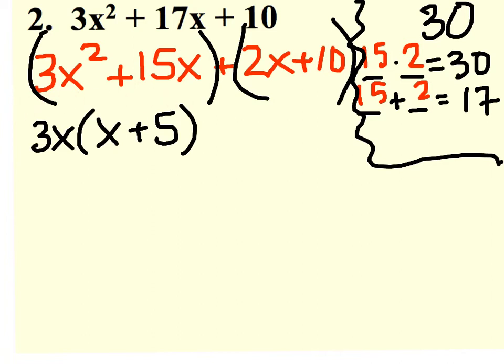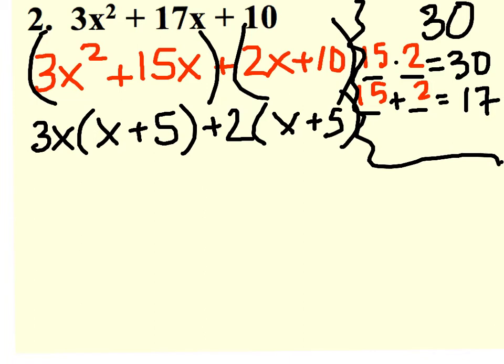Now I'm going to do the same thing over here. My trick here is that when I factor this, the remaining part needs to look like x plus 5. So if I take out the GCF 2 and divide these terms by 2, I'm left with x plus 5. When these two binomials match, I know I did my factoring correctly.